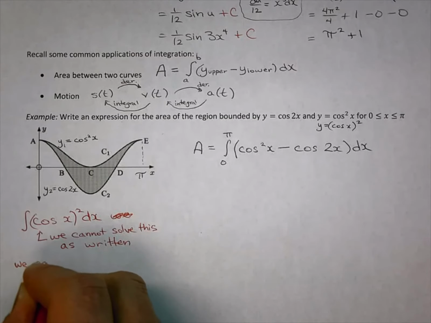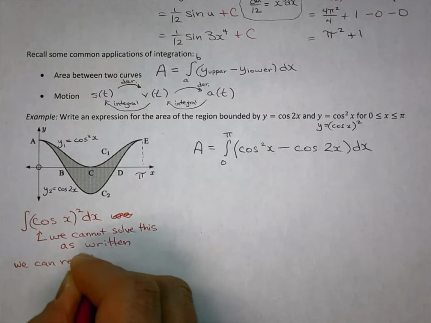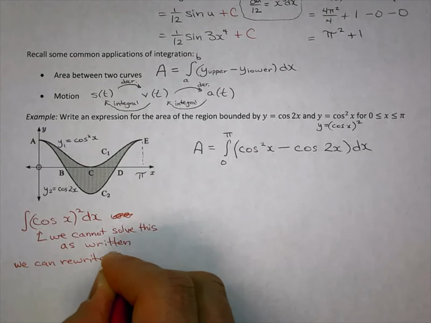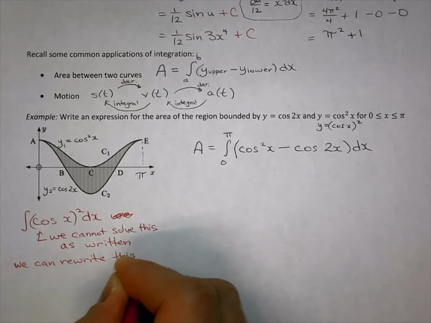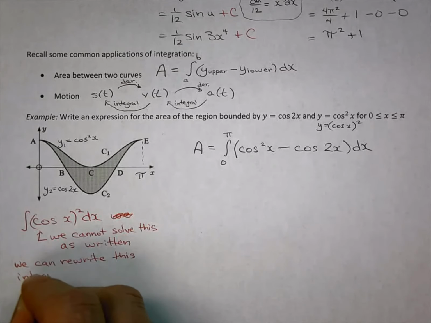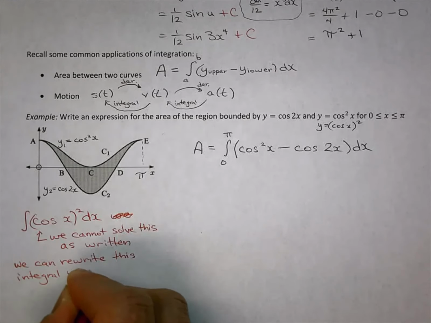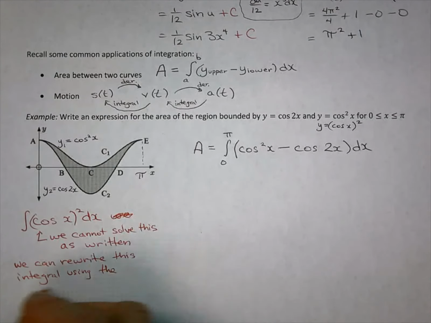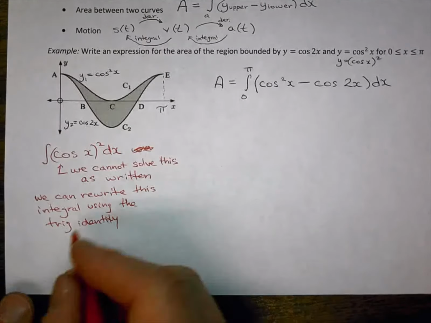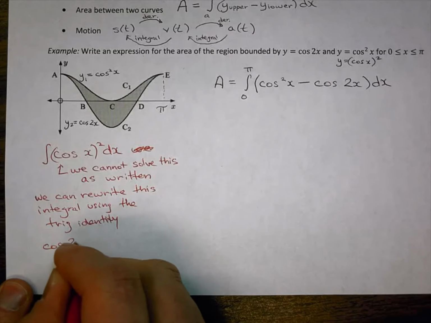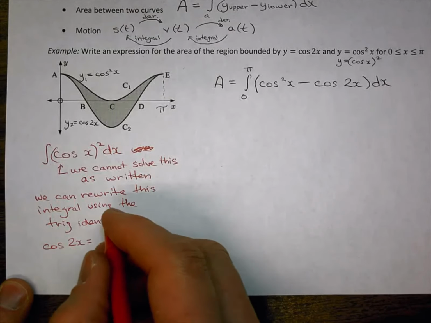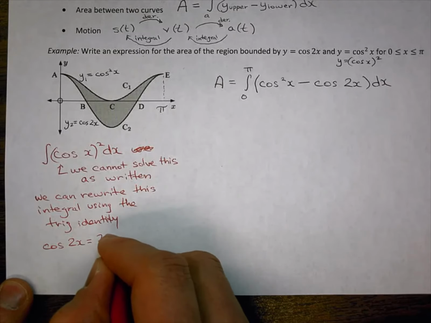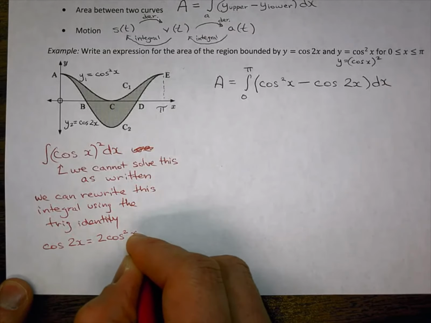We can rewrite this integral using the trig identity. Watch this. So I have cos 2x is equal to 2 cos squared x minus 1.